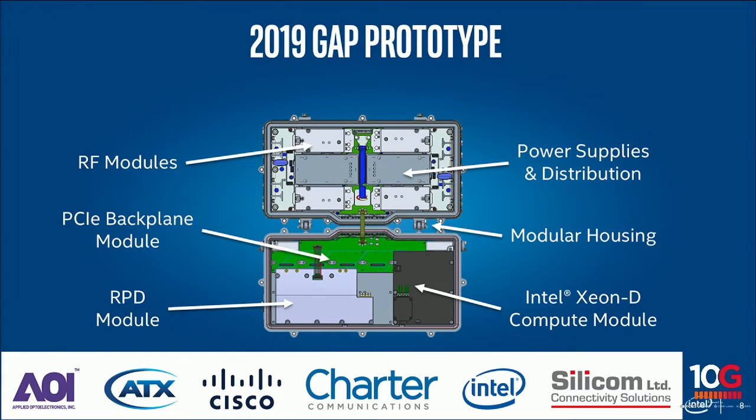The RF modules and the power supplies were again supplied by ATX. We had the PCI Express backplane module and the compute module, which were designed and built by Silicom. We have the RPD module, which was built by AOI. And then we have an actual vCMTS core from Cisco, software stack, running on the Intel Xeon D platform.